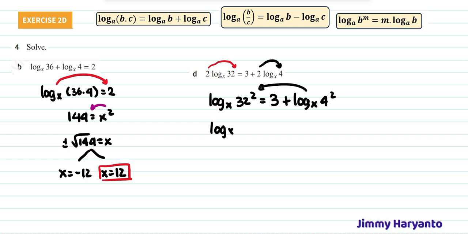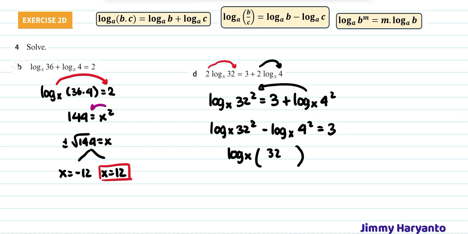You will have log x 32 square minus log x 4 square equals 3, and then log x open brackets. Let's calculate this using the calculator later. Let me calculate it first. To become 64, so log x 64 equals 3.